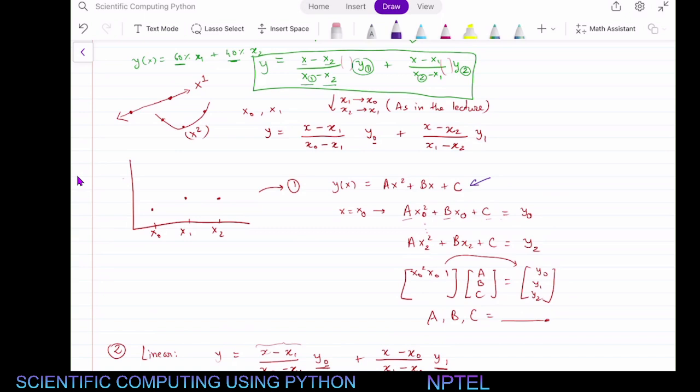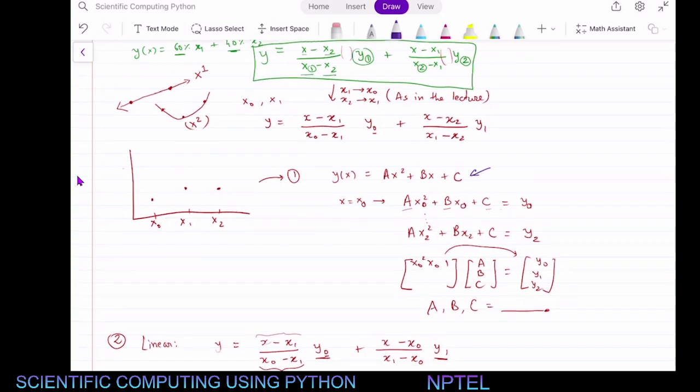When we put x equals x naught in this equation, we get this graph. So we will get only the function between x naught and x1, right? No, we'll get the entire function. Whether it will be valid outside x0 and x2, that's a question.